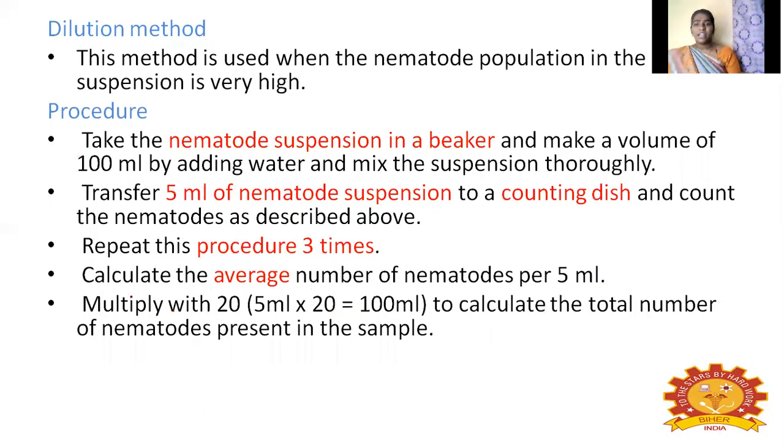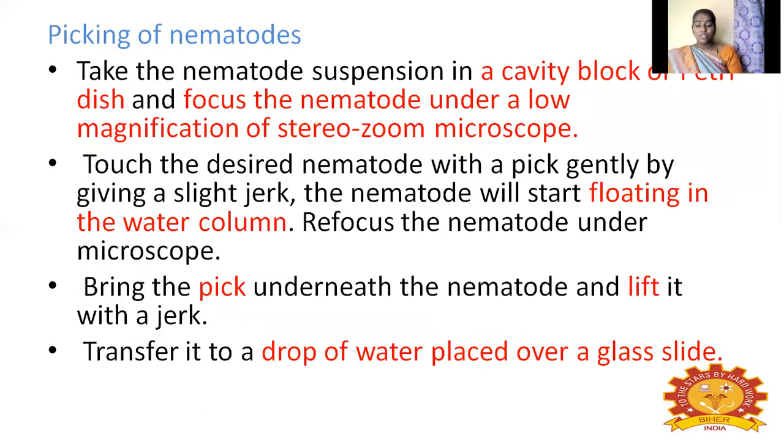After we identify and count the nematode, we are going to pick the nematode. After identification, we take that nematode from the counting dish to the cavity block, and it is focused under the stereozoom microscope. After we identify what nematode it is, we are going to keep it on a glass slide. How are we going to take it?